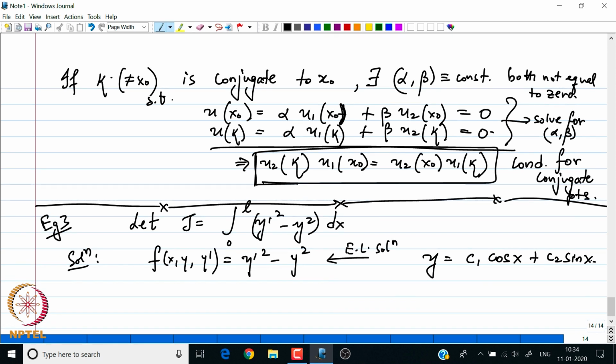So I can see that the functions cos of x and sin of x are the solutions to the Jacobi accessory equation by the discussion above that we have done.